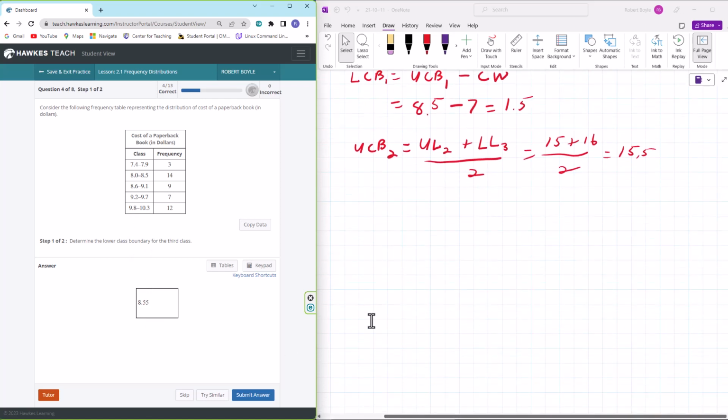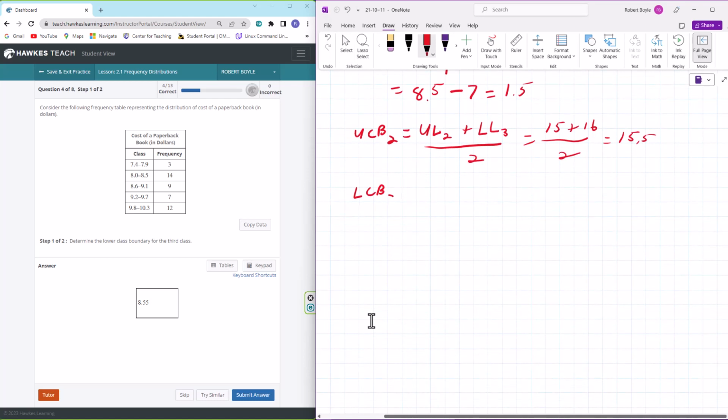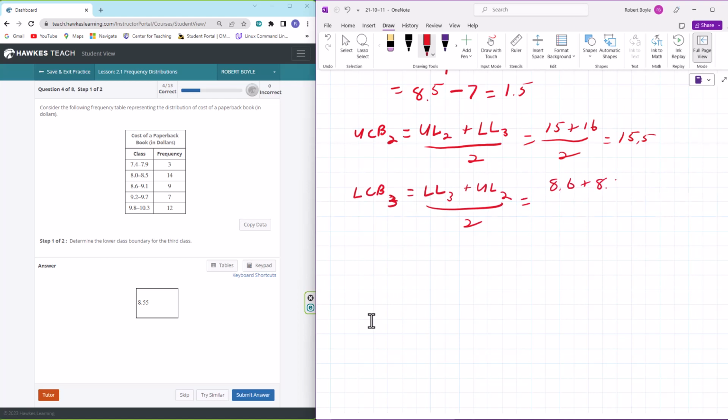Okay, once again, to be more explicit about this, the lower class boundary for class 3 is going to be equal to the lower limit of the third class plus the upper limit for the next lower class, divided by 2. That will be 8.6 plus 8.5 divided by 2, 8.55.